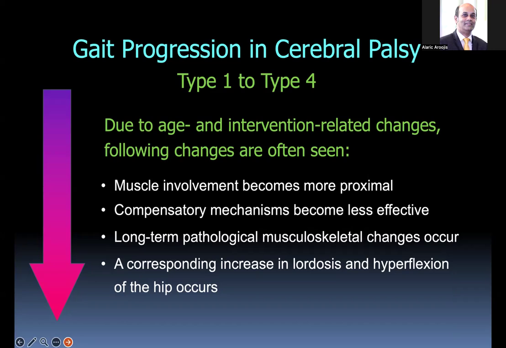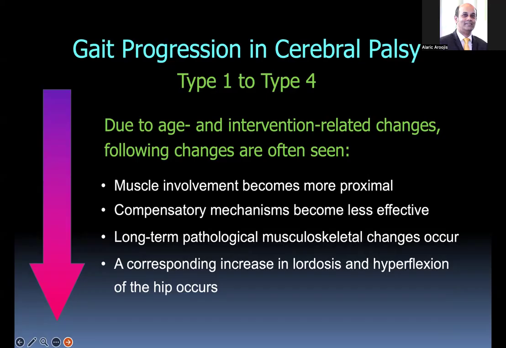So rather than discrete types, we now believe that this is a continuum, where when they're young, they present with a type 1 diplegia, where they have toe walking. And then as they grow older, they transition from a toe walking to a jump knee to apparent equinus and then finally to crouch.